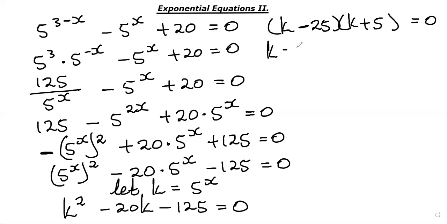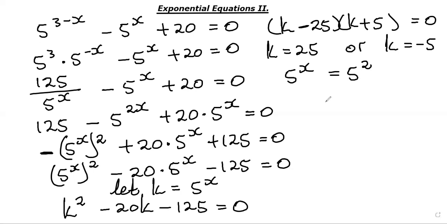So then your k will be 25, or k will be -5. Then you say, what is k? Well, k is actually 5 to the x. What is 25 in exponential form? It's just going to be 5 squared. The bases are the same, so we equate the exponents.